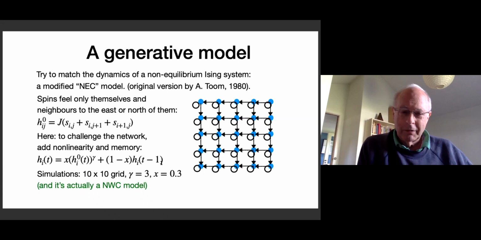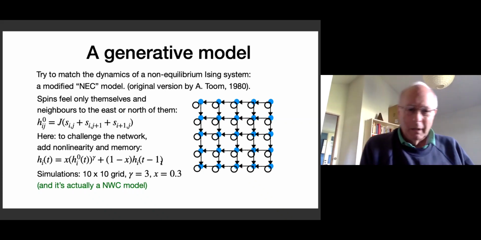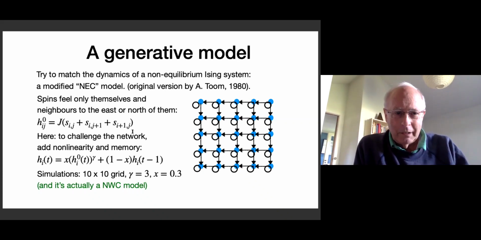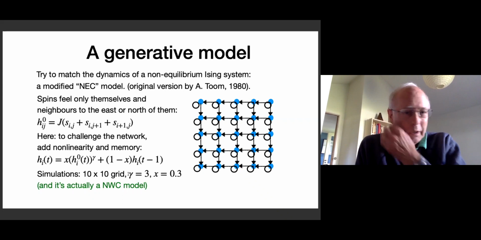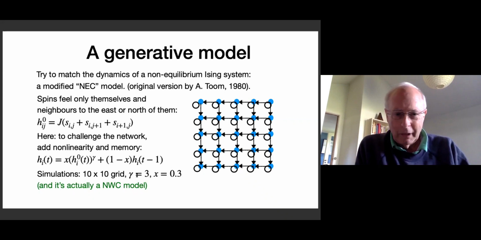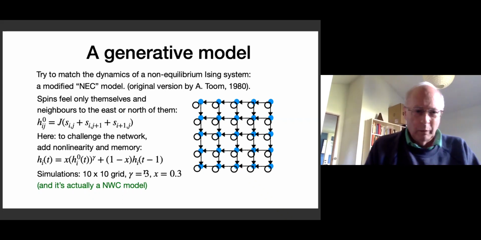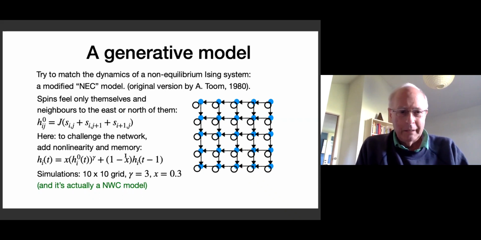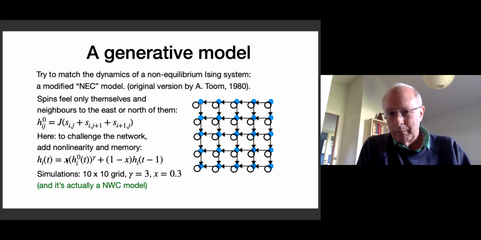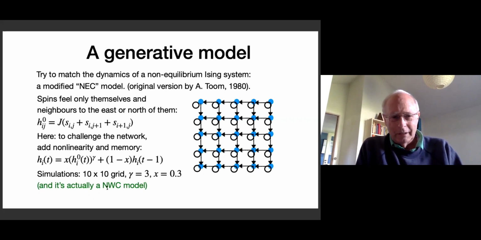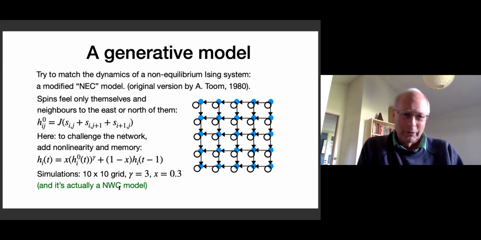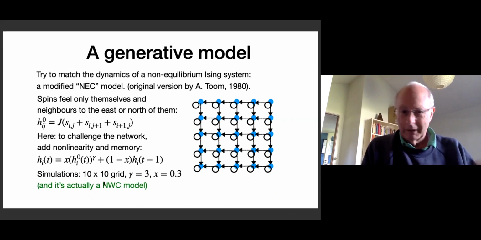So it sort of makes things sluggish. It gives it some memory. It's not an instantaneous in time thing. What I'm going to show you is some simulations on a 10 by 10 grid when this exponent is 3 and the delay parameter x is 0.3. And it's actually a northwest center model, not a northeast center model, the way we did it.